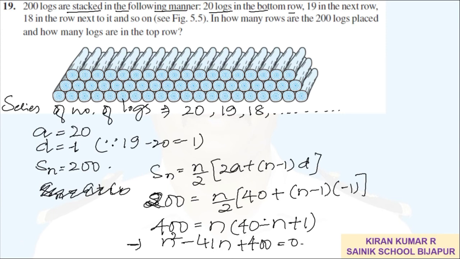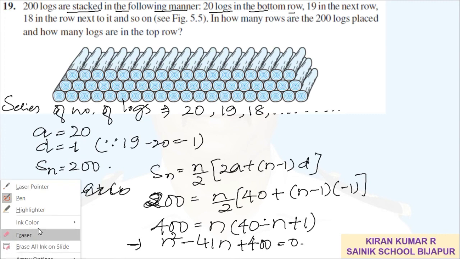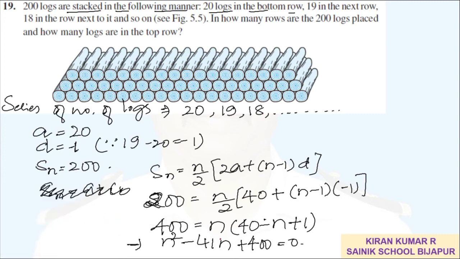We need to solve this equation. How do we simplify this equation? I would like to follow splitting the middle term. This 41 is the combination of 16 and 25, and the product of 16 and 25 is 400.